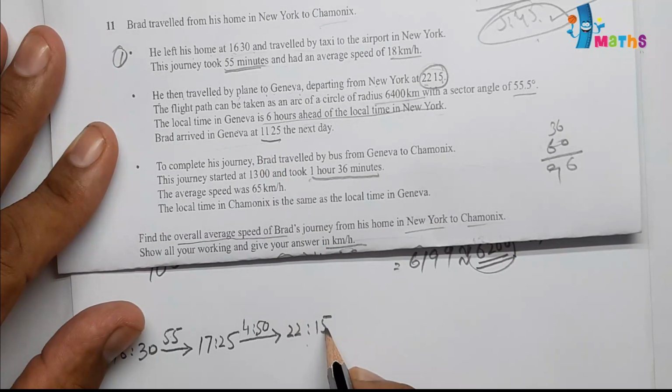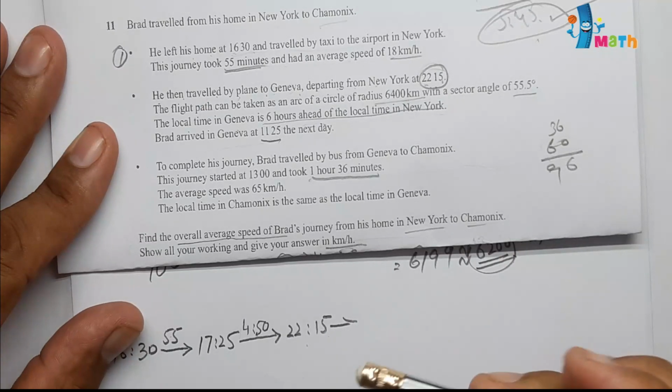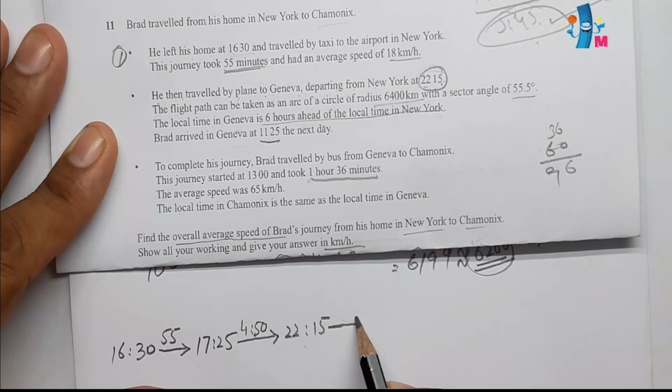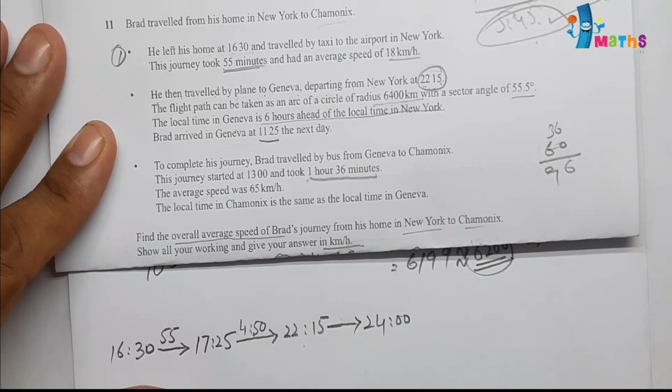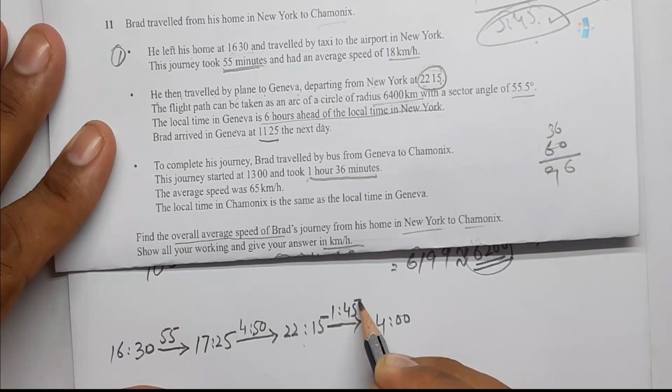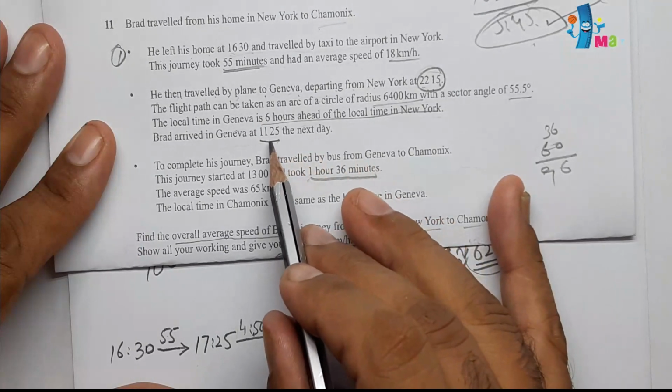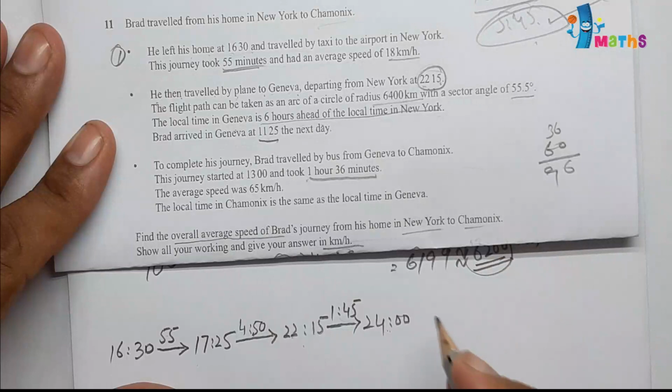Now from this time, if we reach midnight, and midnight time is 24, so up to 24 hours, this will be 1 hour and 45 minutes. 1 hour and 45 minutes will be added, and we will reach 24 hours. From 24 hours, next day 11:25.